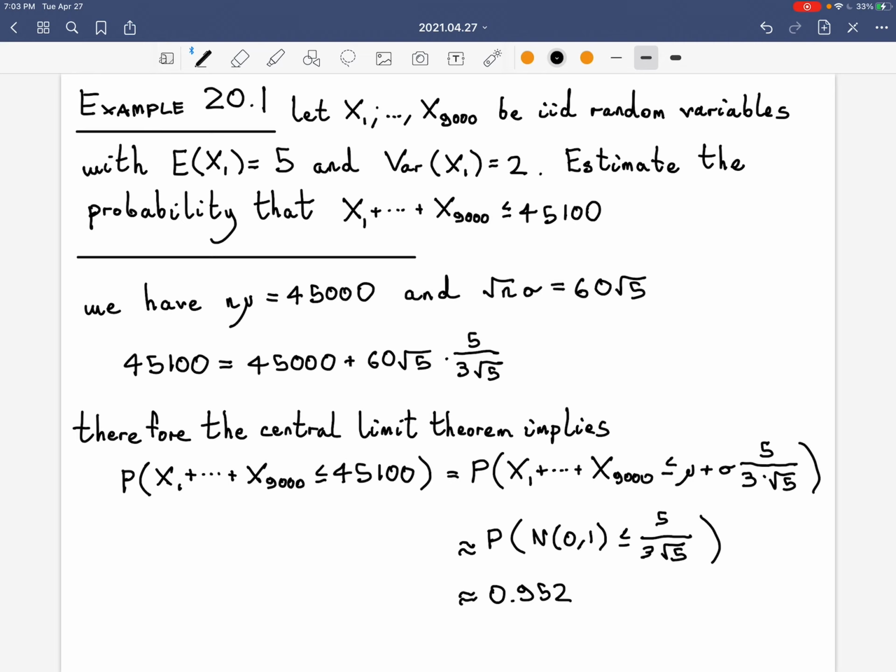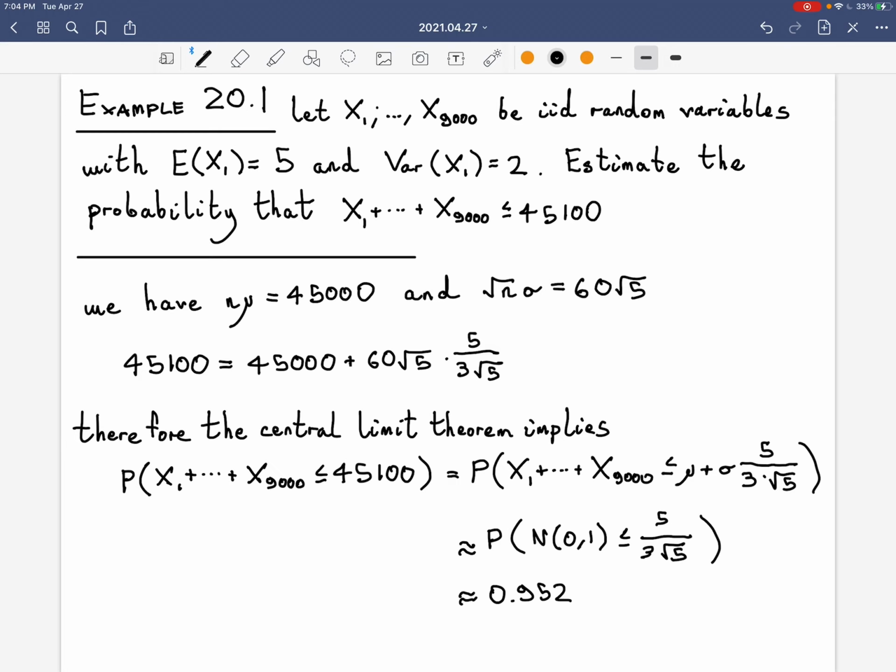Okay, and so then we can figure out how to rewrite the bound we're asking about in the correct way, which is as a deviation from the mean scaled in units of sigma, or scaled in units of square root n sigma.